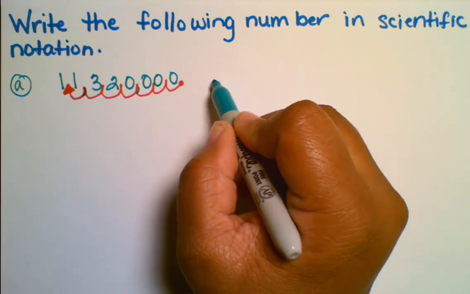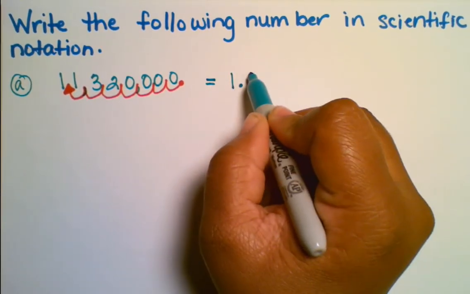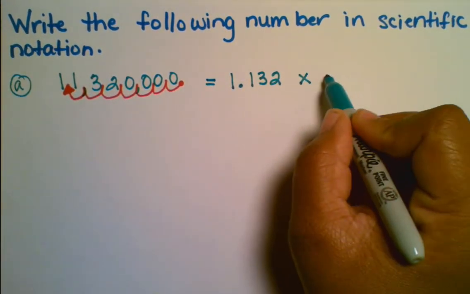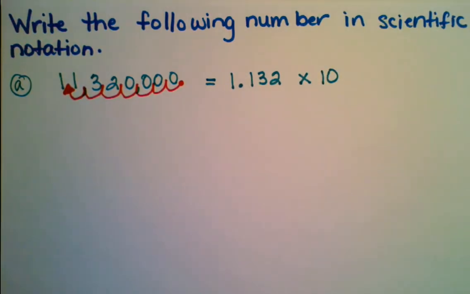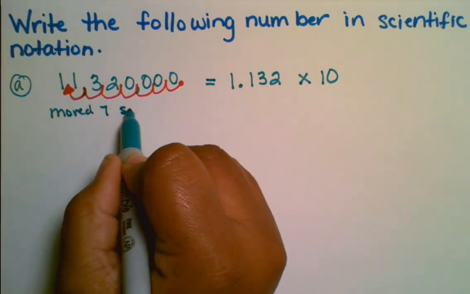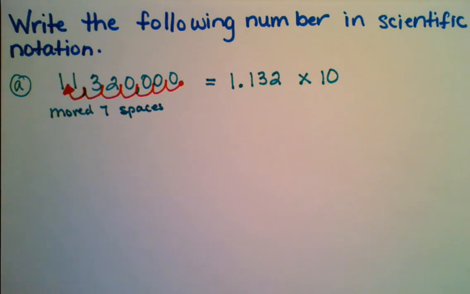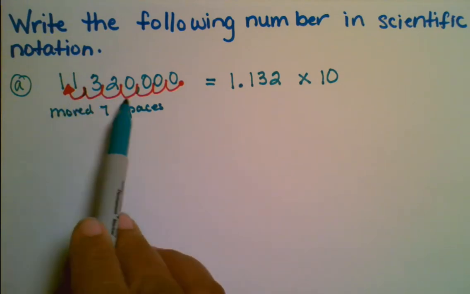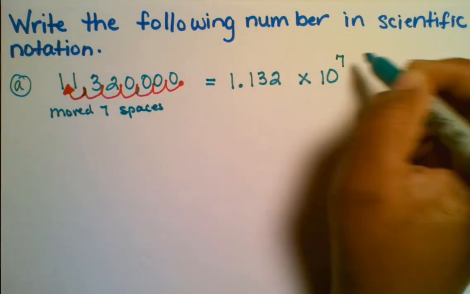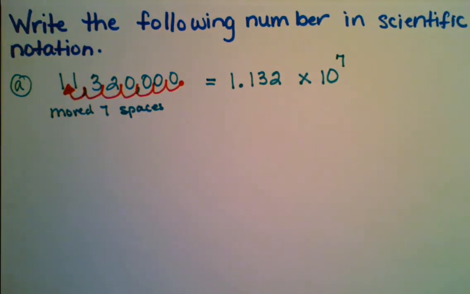So we're going to write down this new number, 1.132, followed by the times 10 to the, we moved 7 places. Because the original number is large, meaning it's greater than 1, our exponent is going to be positive. So we have 1.132 times 10 to the 7th.